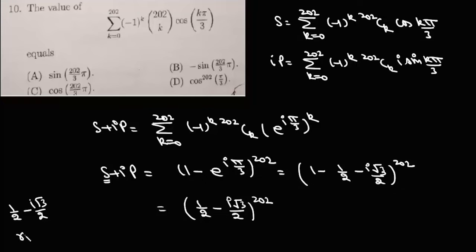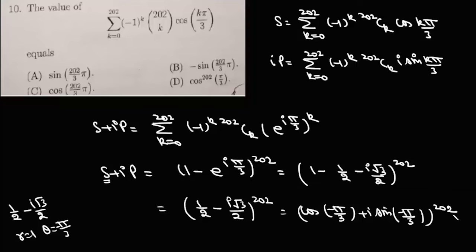Now here r is 1 and theta is pi by 3. Now x is positive, y is negative. So it is in fourth quadrant. So its angle will be minus pi by 3. So we can write this as cos minus pi by 3 plus iota sine minus pi by 3 to the power 202.